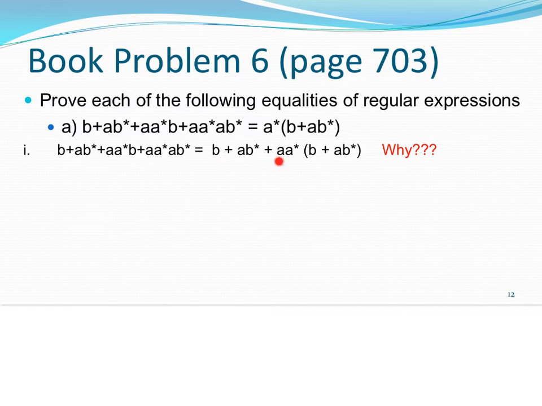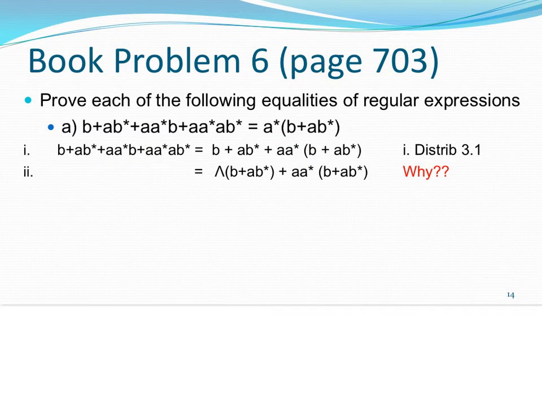So pause the video for a minute, look at this, and look at that sheet that you downloaded, and try and figure out what's the reason that I can make this change. And of course, what is it that I did here? Well, I noticed that there's an AA star there and an AA star there, and so I pulled that out using the distributive property 3.1.